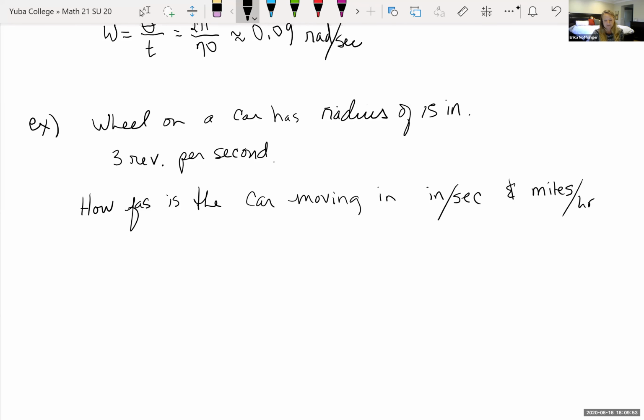So we know that the linear speed, denoted by v, again, is equal to s all over t. Well, s, again, is equal to r times theta. So if you want to write it like this, r theta over t. So we can pull out bits of information. We need to rewrite theta in terms of radians.